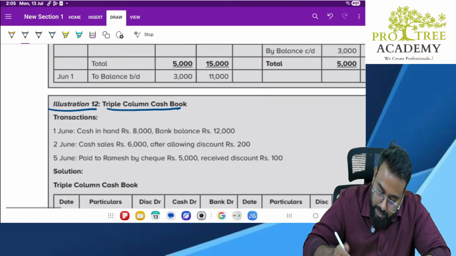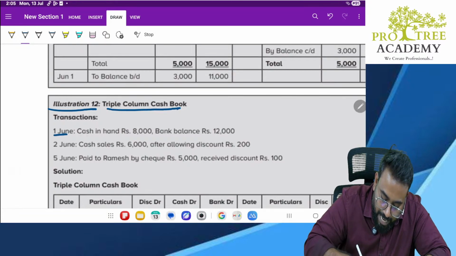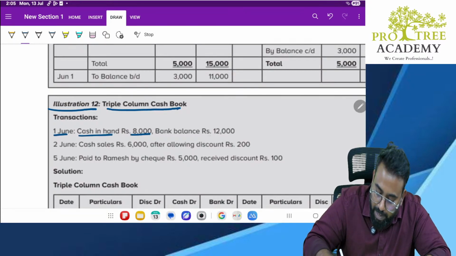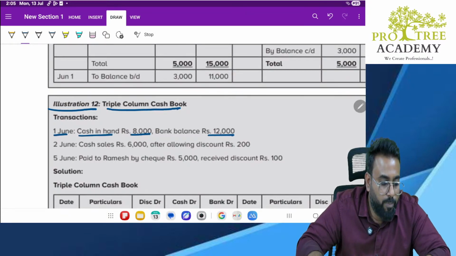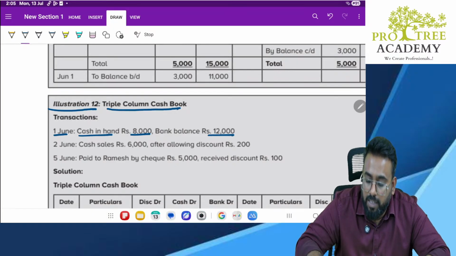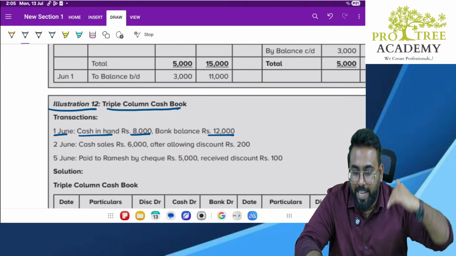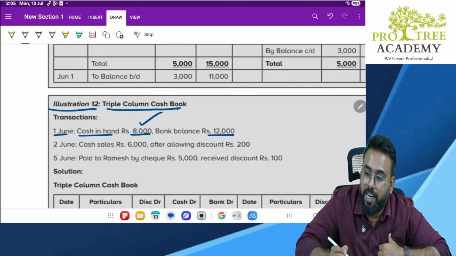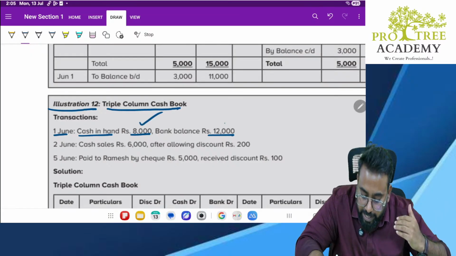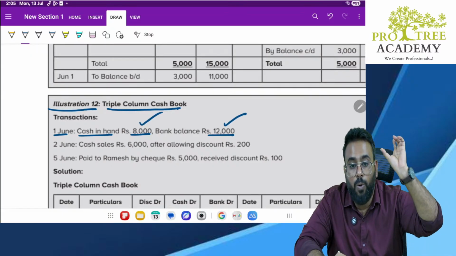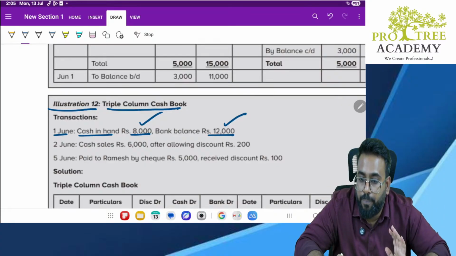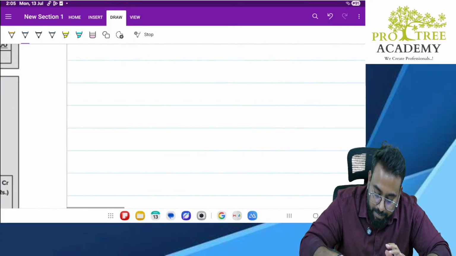Let's solve this sum. 1st June, cash in hand was 8,000, bank balance was 12,000. What do you mean by that? So, opening balance, we already had cash with us 8,000 and our bank balance was already 12,000. That means it is our opening balance, correct or no? Yes? Okay, shall we prepare?